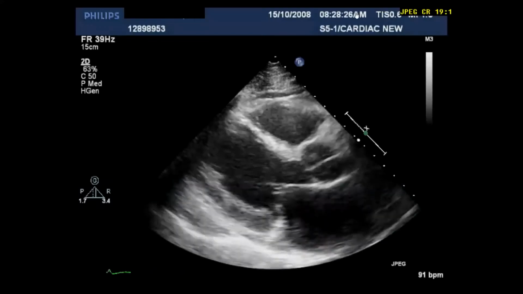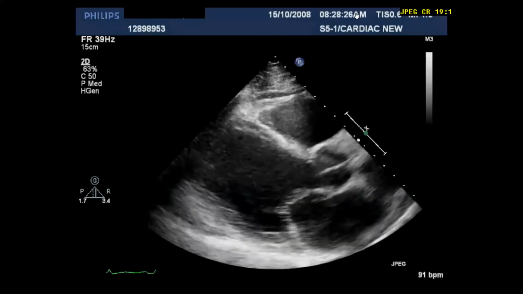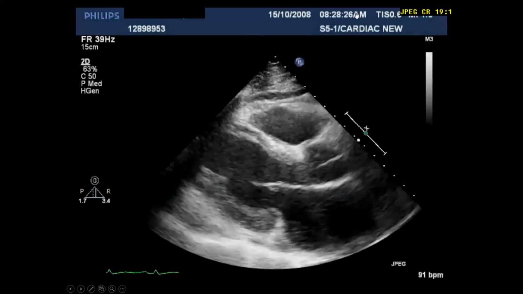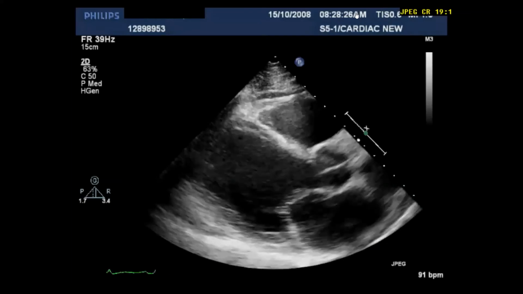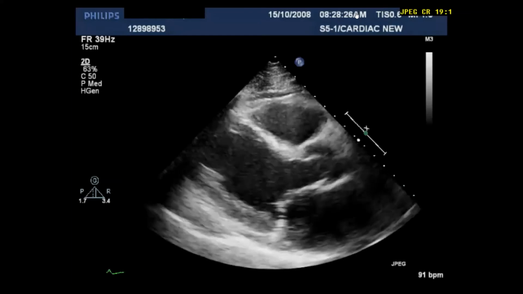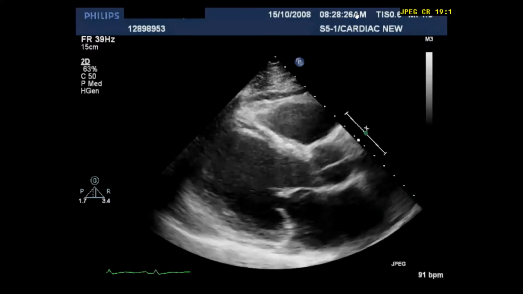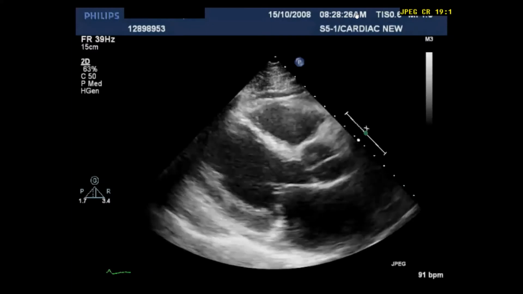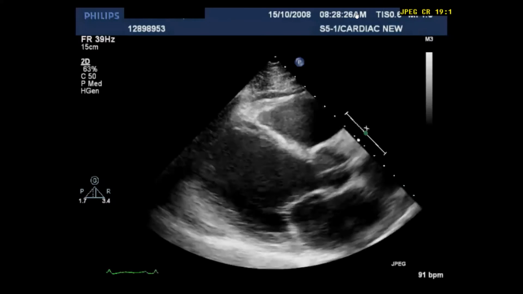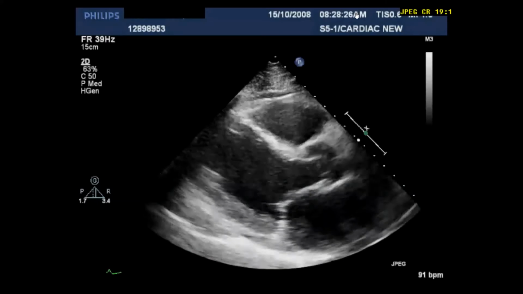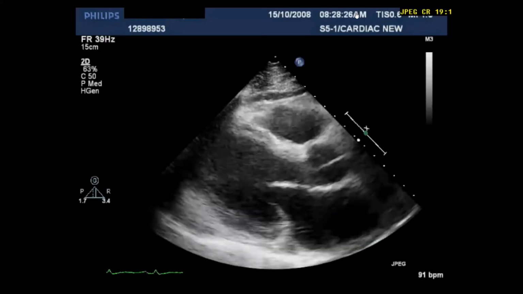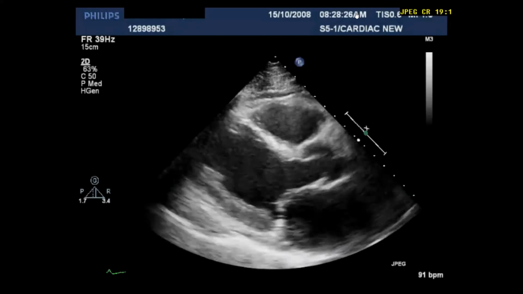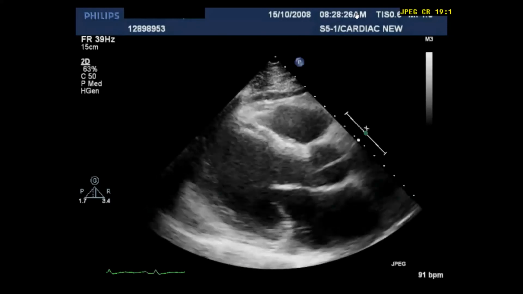Now, let's take this first case. What do you think about this case? The first thing you have to describe is the view, and then the major abnormality. Who can take this one? Okay, I can take it, Dr. Hatim.